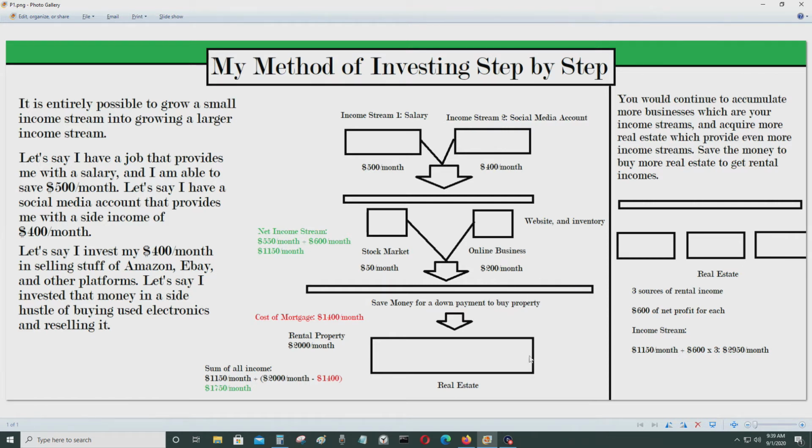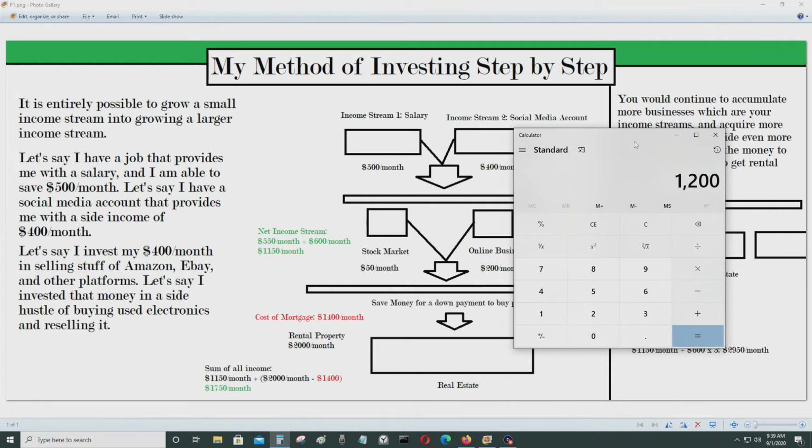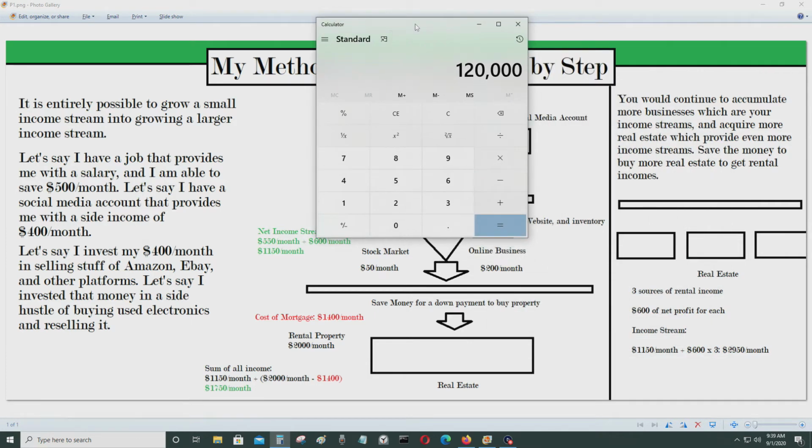Say I pick one up for maybe $120,000 or something, and I'm able to make a down payment of, I think it's 20%, about $24,000.